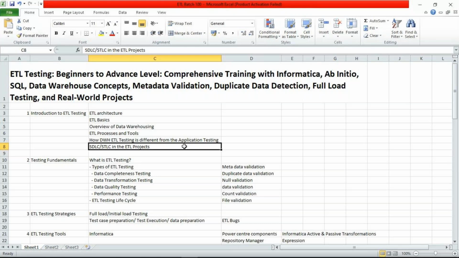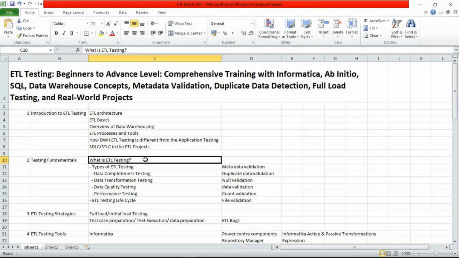It's the same as software testing with tiny changes in between. We'll discuss ETL real-time projects in the end, but we'll see what the SDLC and STLC processes are in an ETL project.